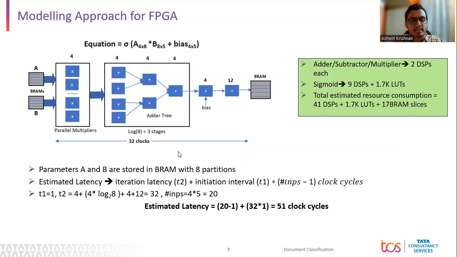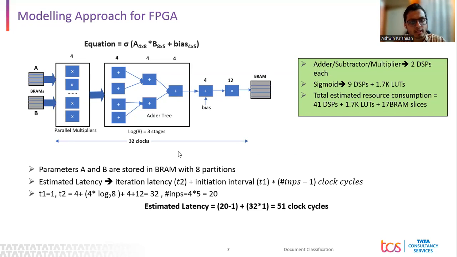And the iteration latency is essentially the sum of latencies of individual operations, which we found at the earlier stage while synthesizing individual operations like floating point multiplication, division, addition, and so on. And here you could see the overall iteration latency is a sum of parallel multipliers followed by an adder with 3 stages, then an adder and a sigmoid operation, giving us a total estimated iteration latency of 32 clock cycles.